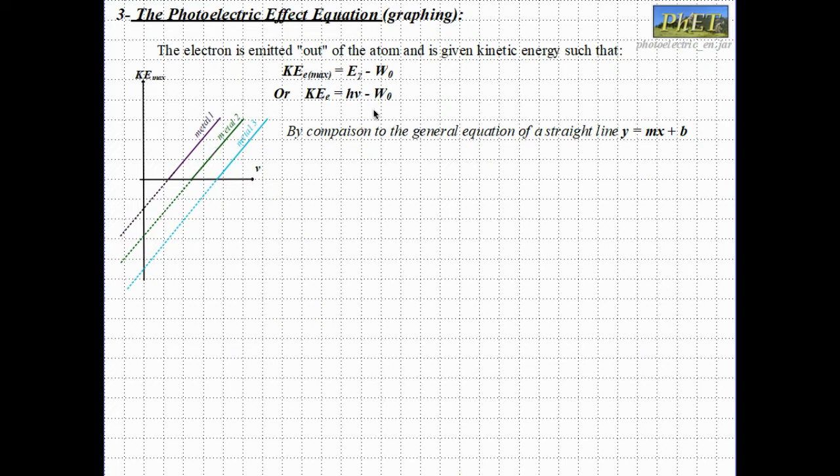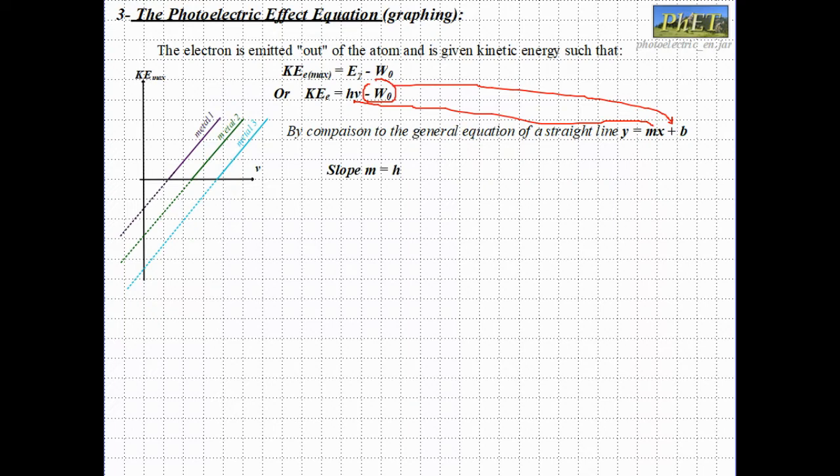Now, if we analyze the equation of the straight line, y equals mx plus b, and compare it to Ke equals h nu minus W0, we notice that the slope m is nothing but h, and minus W0 is nothing but b, or what we know as the y-intercept.